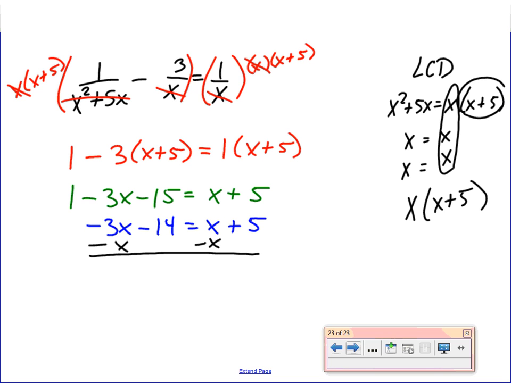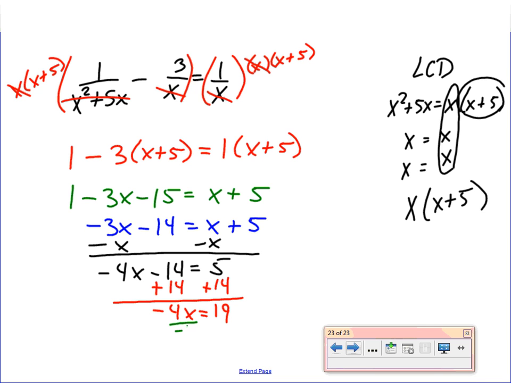So negative 3x minus 1x is a negative 4x. Going to add 14. Five plus 14 is 19. Divide by negative 4. And x ends up equaling a negative 19 over 4. So our solution to this equation is x equals negative 19 over 4.